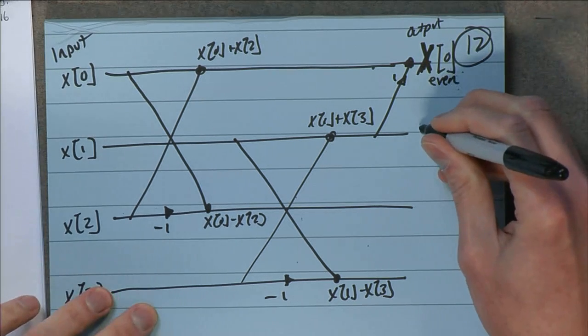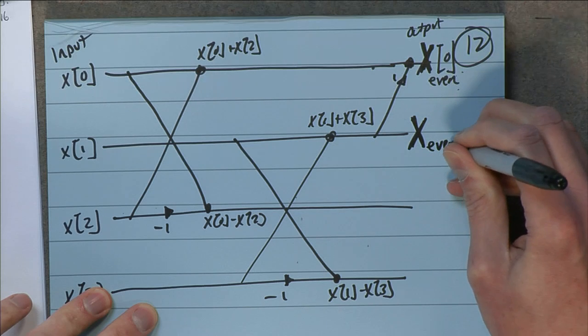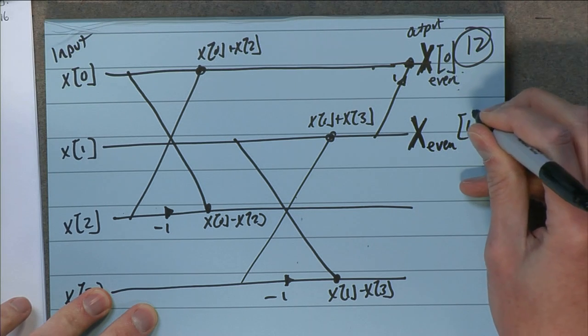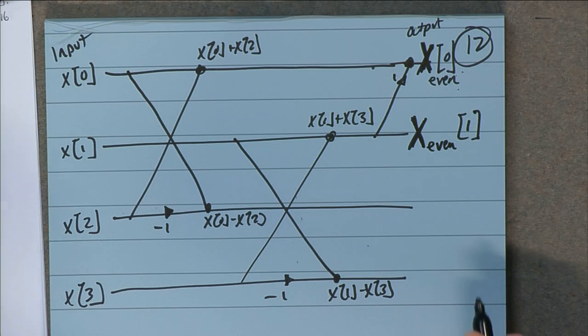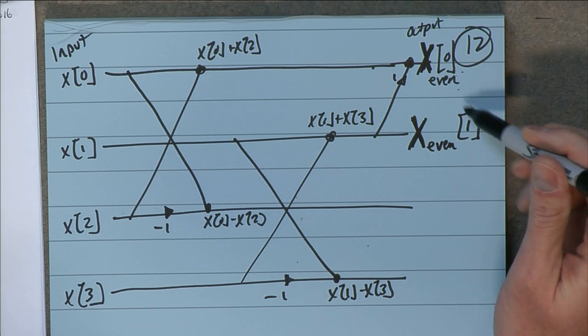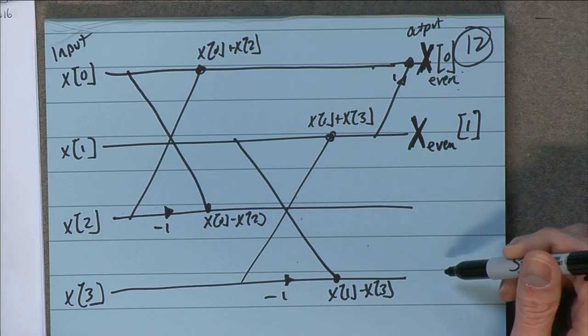Now if we look at a related one, x even, and this is the second one out. So you kind of see what I'm doing now is the outputs are x even 0, 1, and that's going to be x odd 0, 1.